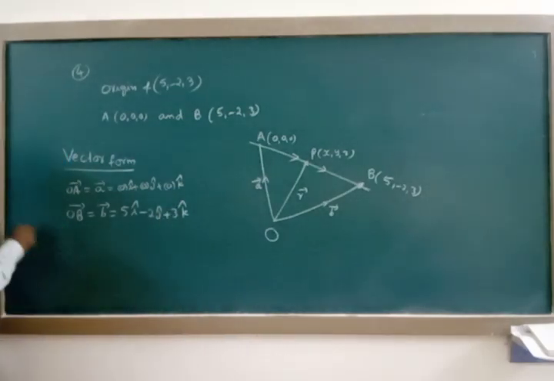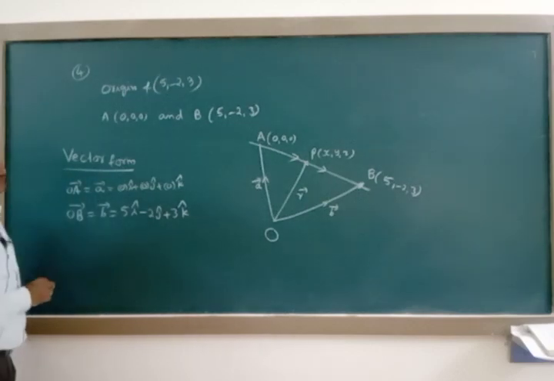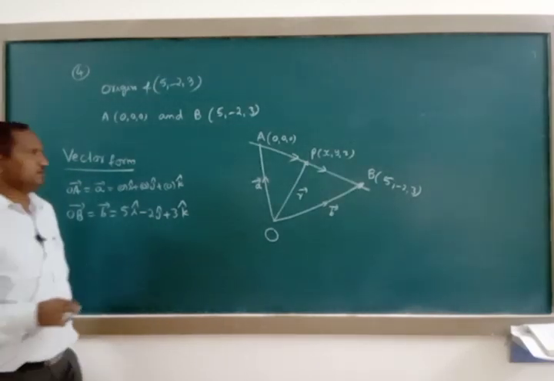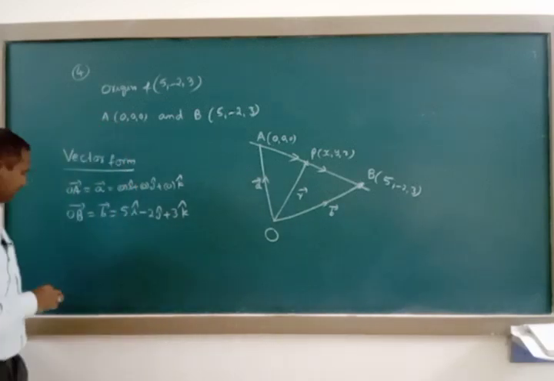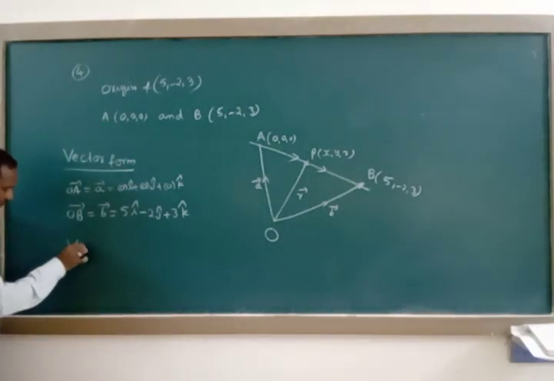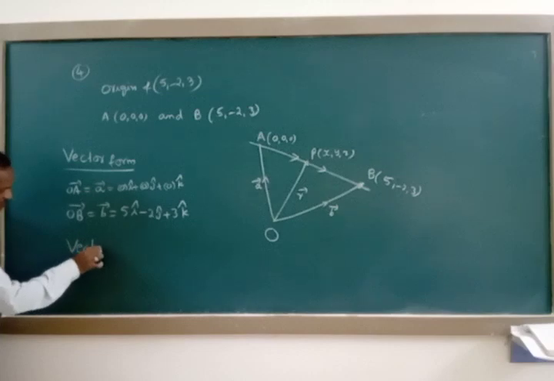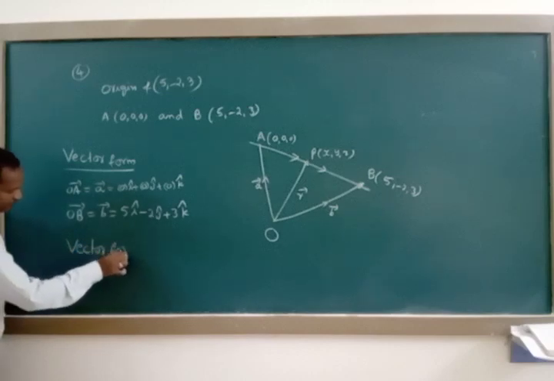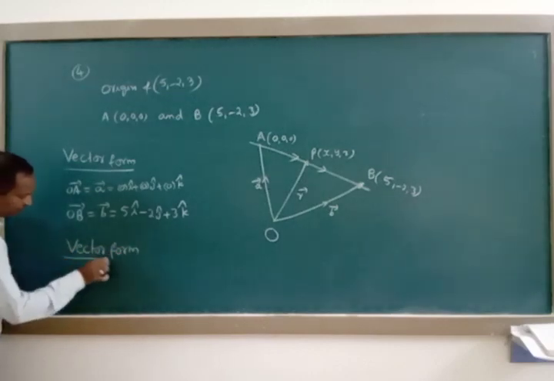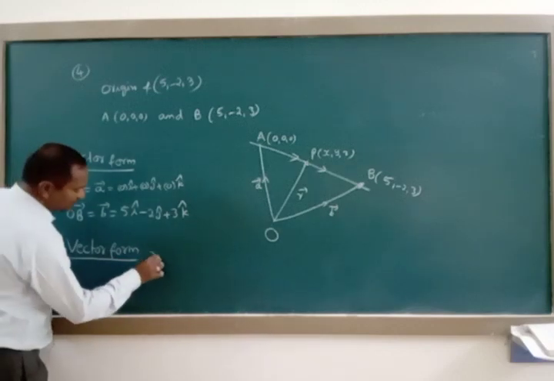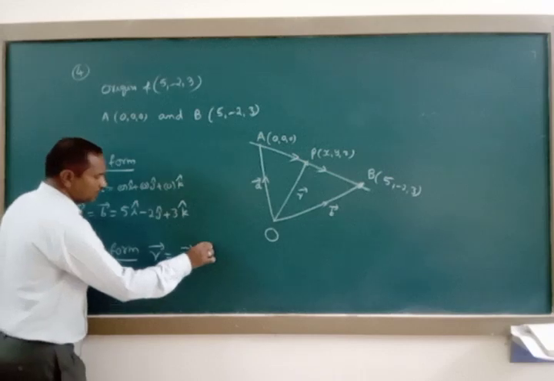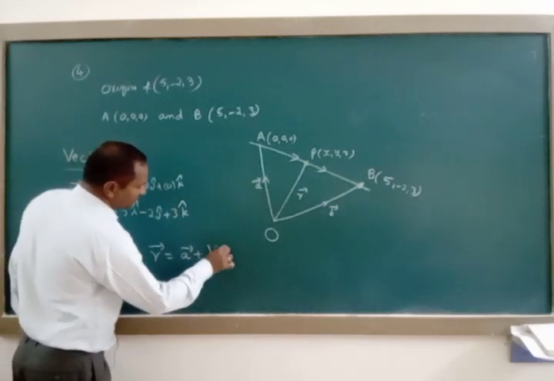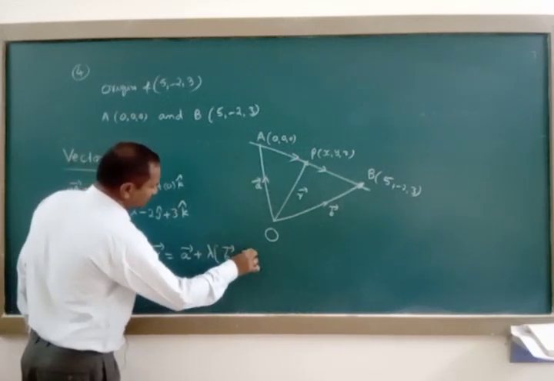The vector form formula in the case of the second theorem, that is, a line passing through 2 points, is r vector is equal to a vector plus lambda of (b vector minus a vector).